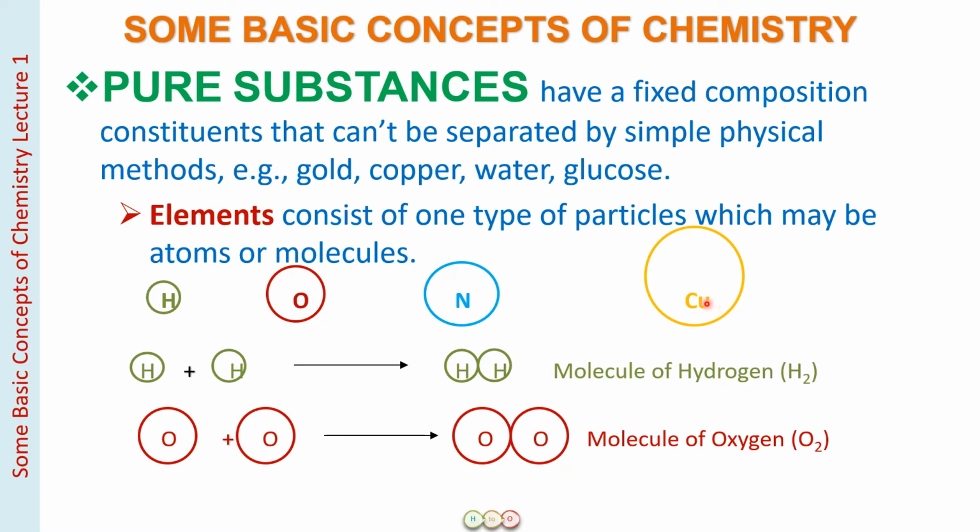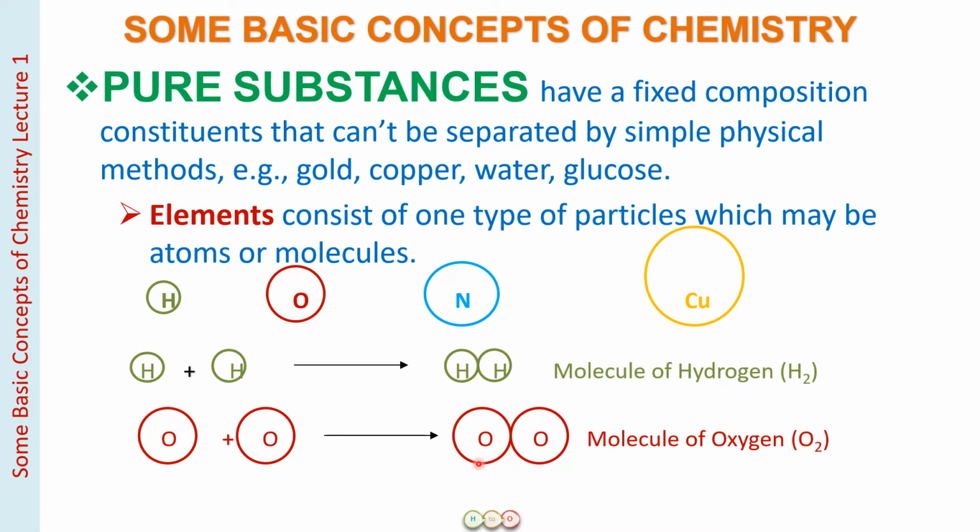Whereas the elements hydrogen, oxygen, nitrogen consist of molecules of the same type. For example, in hydrogen, two atoms combine to form a molecule of hydrogen, and the whole element hydrogen consists of many molecules of hydrogen. Similarly, the element oxygen is going to consist of molecules of oxygen.